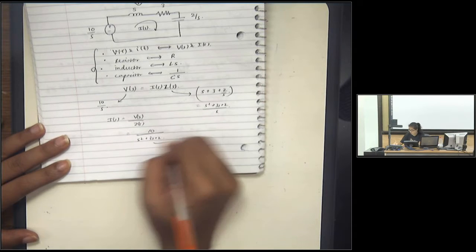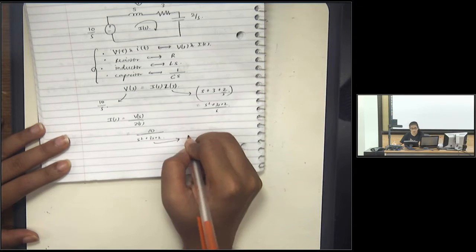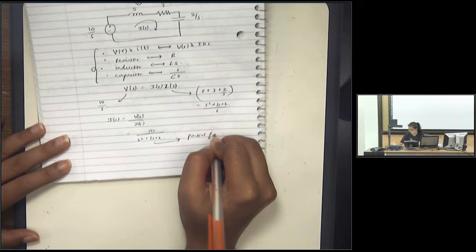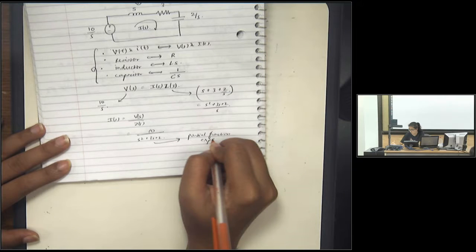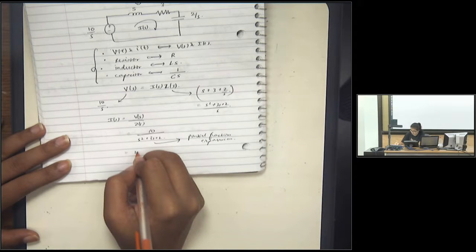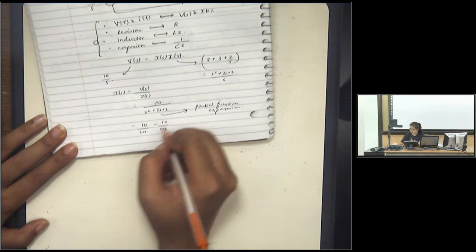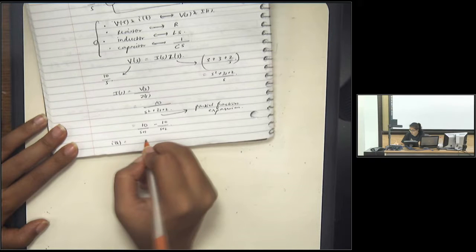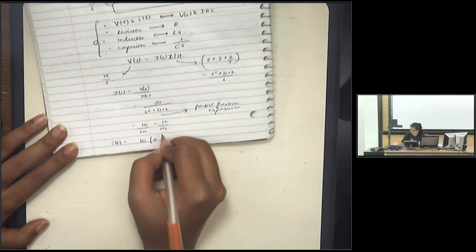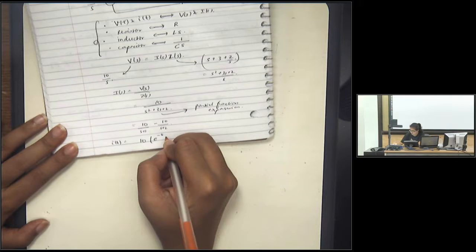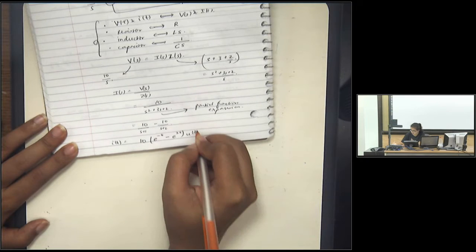Now we'll continue with our standard method of partial fraction expansion. This will give us 10 over S plus 1 minus 10 over S plus 2. Take the inverse of this expression and we'll get our i(t) to be 10 times e raised to the power minus t minus e raised to the power minus 2t, u(t).